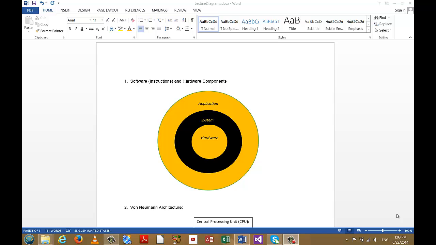So I want to start out by looking at several diagrams, and in diagram 1 I show the computer system in a way that allows us to see that at the core of everything is what we call the computer hardware, or the tangible components of the computer, anything you can see or touch.